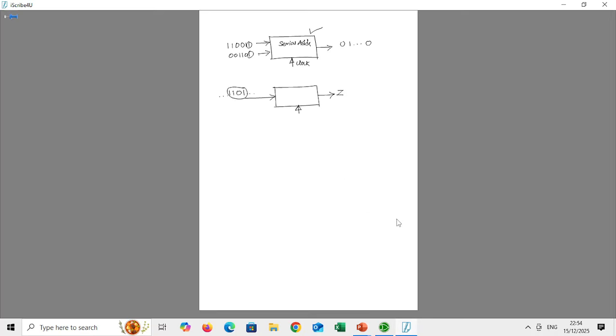The first step in analysis is to assign state variables and excitation inputs to flip-flops.